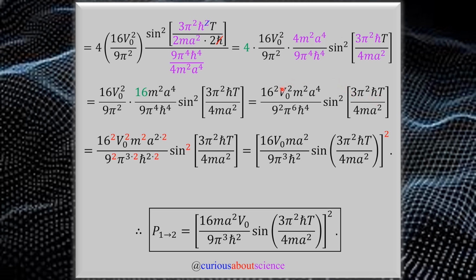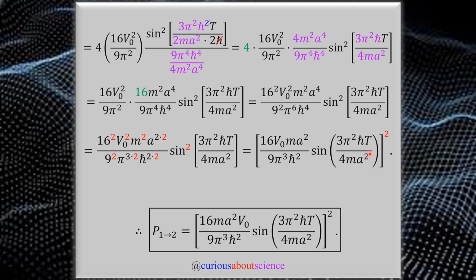Now note that all these powers are even, so we can write them as products of 2. So as you see, every term with a red 2 in it is refactorized. So 6 goes to 3 times 2, 4 goes to 2 times 2, and so on. And what this allows us to do is take the square out of all these terms and put it on the outside of the bracket.